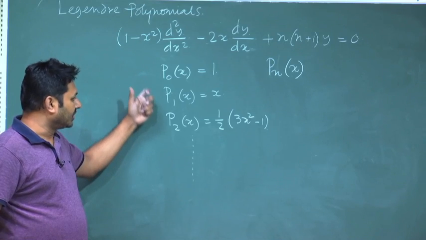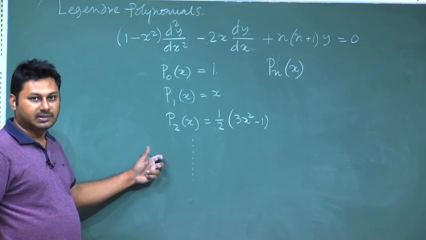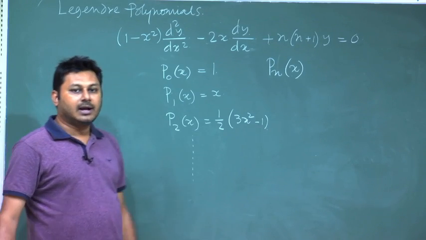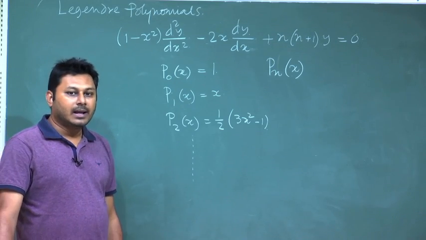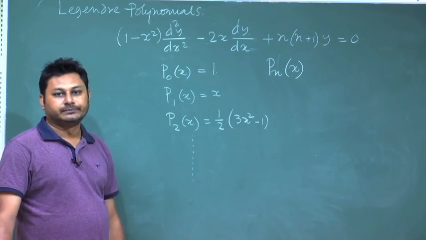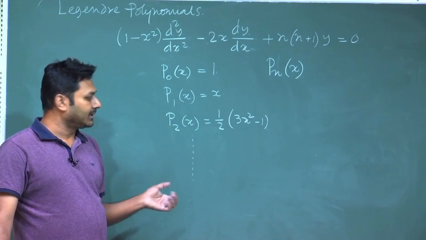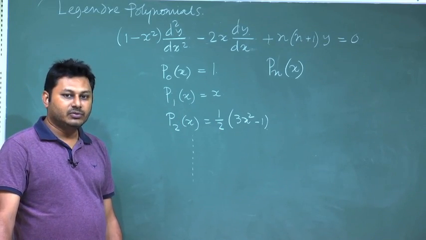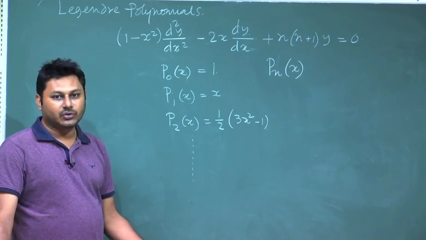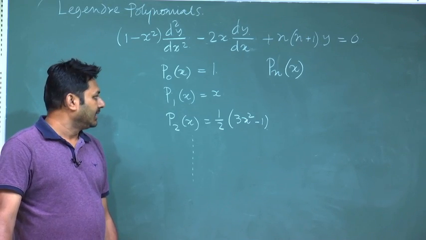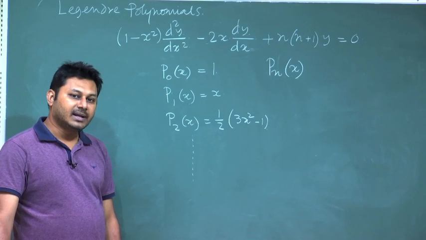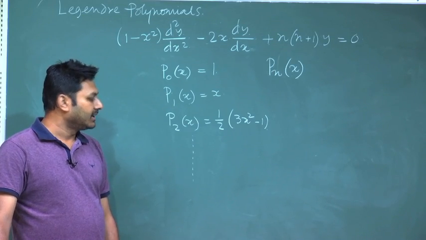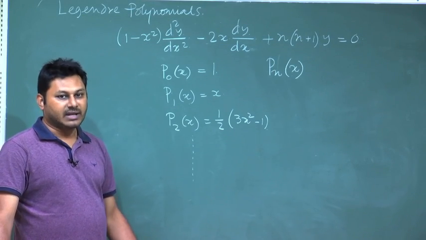These individual solutions, which form the polynomials, are linearly independent of each other, and they are also orthogonal. Obviously if they are orthogonal, they should be linearly independent. So using these polynomials, one can expand some function like the Fourier series.